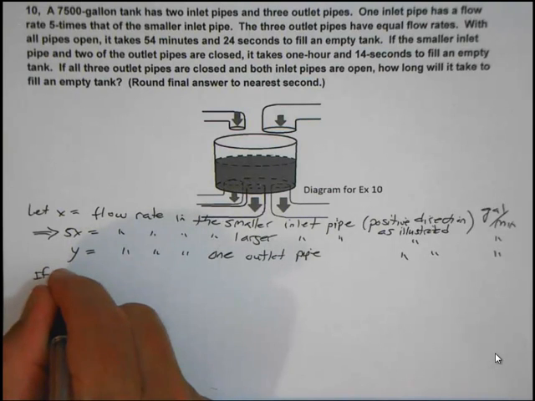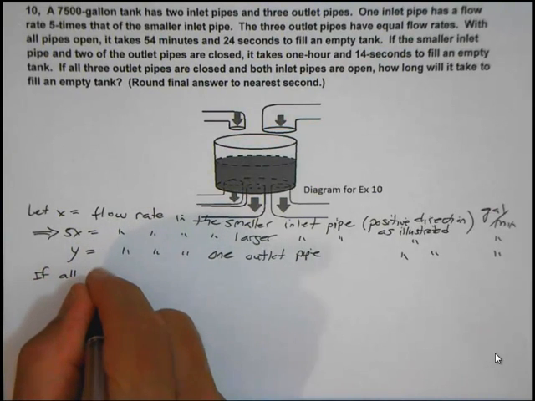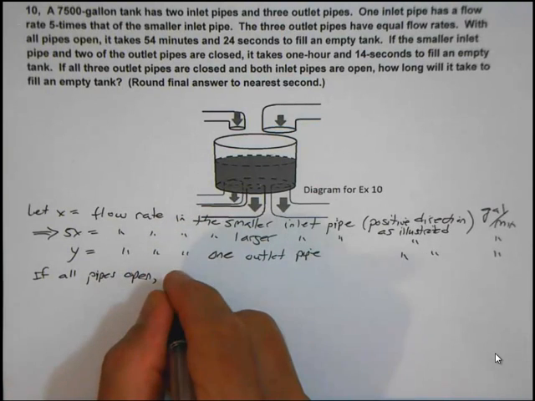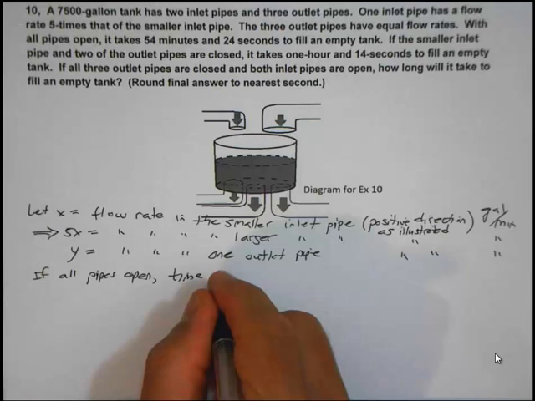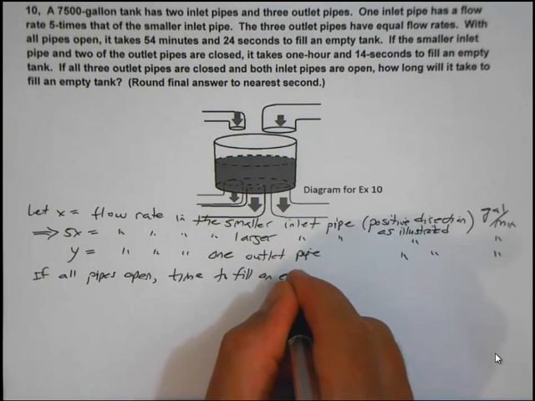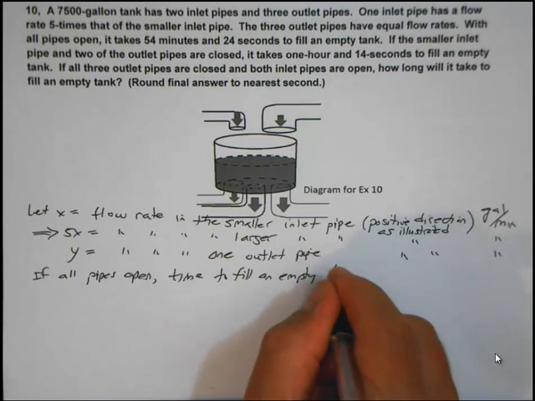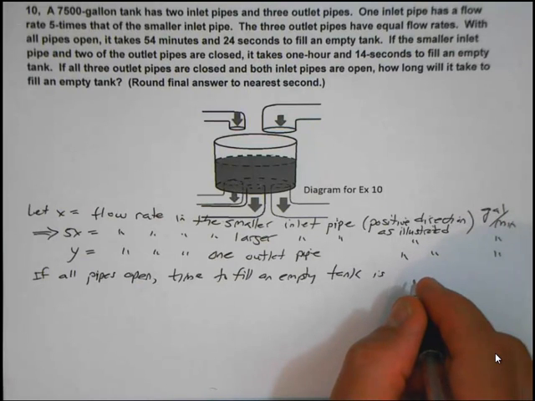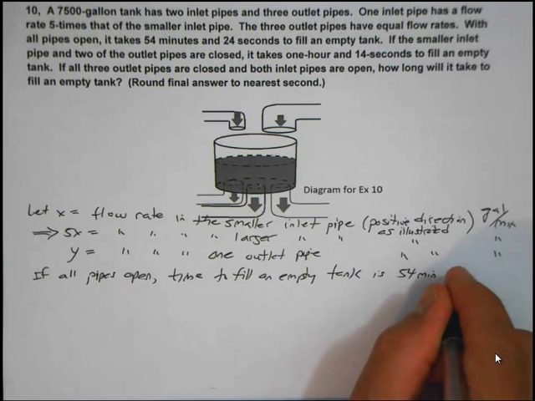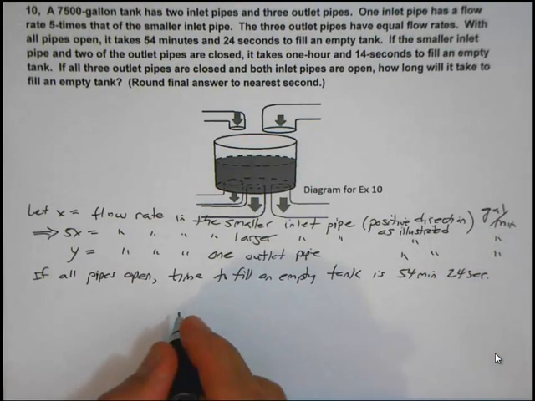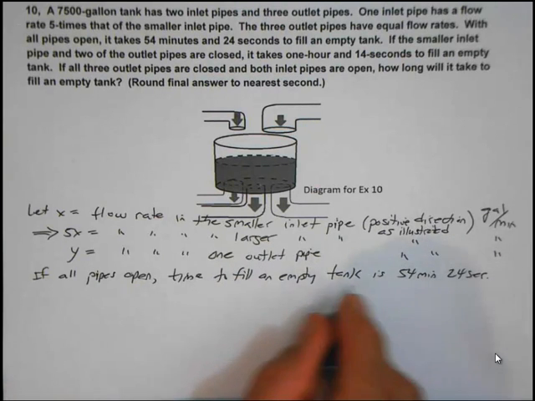If all pipes open, time to fill an empty tank is 54 minutes 24 seconds. Okay, how can we work with this?